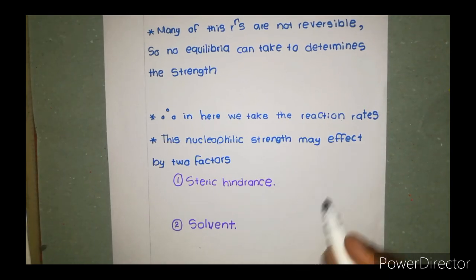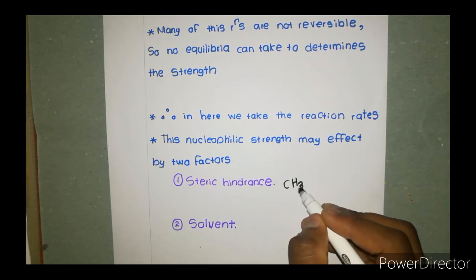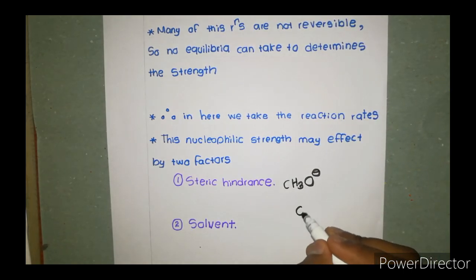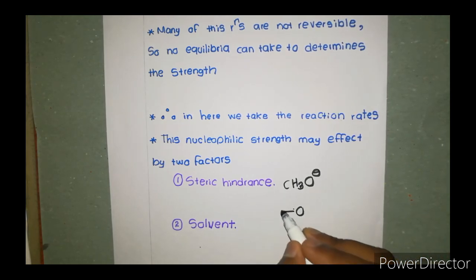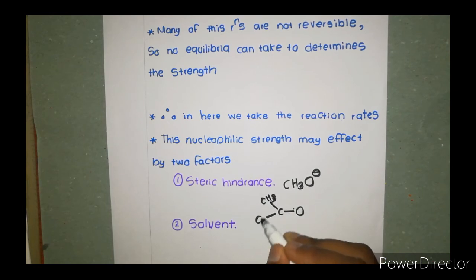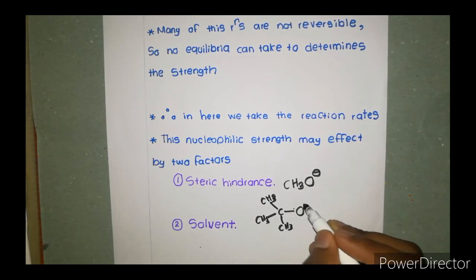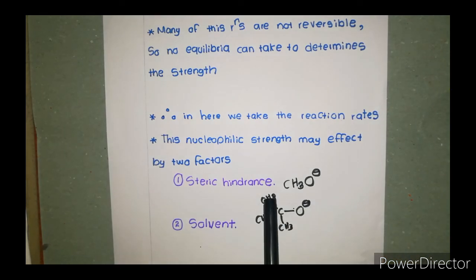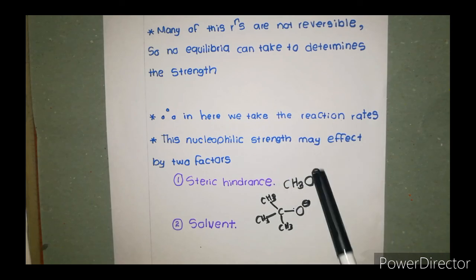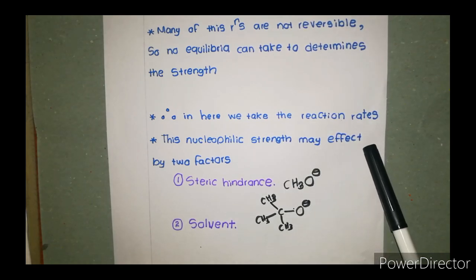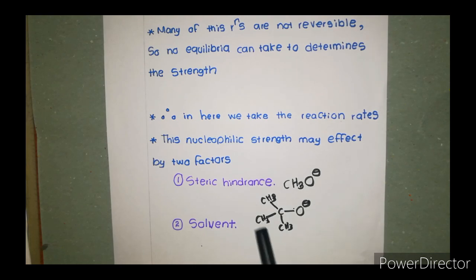If we compare, for example, CH3O minus and a molecule like this, the basicity is higher in this molecule than this, but the nucleophilic strength is very low due to more steric hindrance. This one is not sterically hindered, so it can easily attack an electrophile, but this one cannot attack due to this steric hindrance.